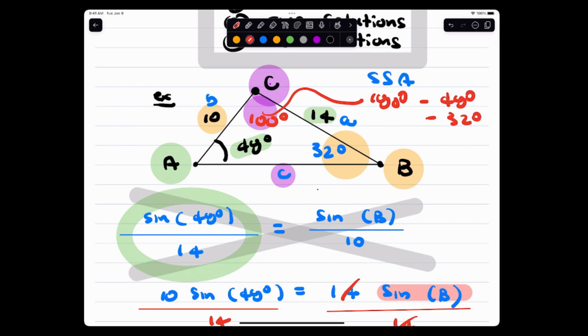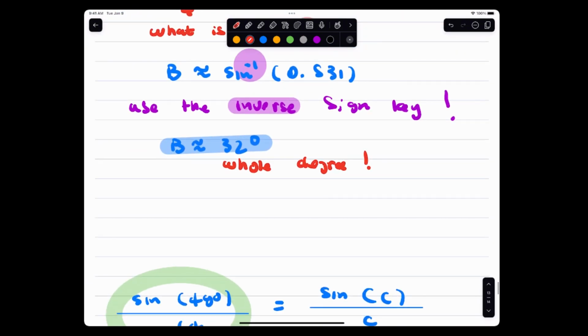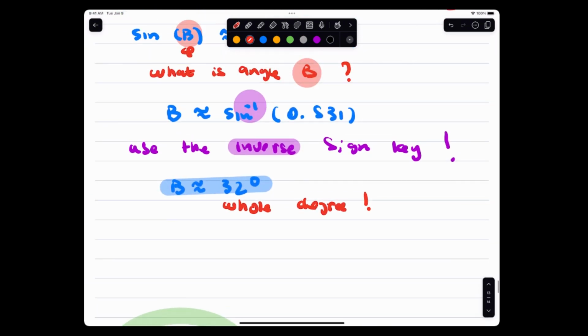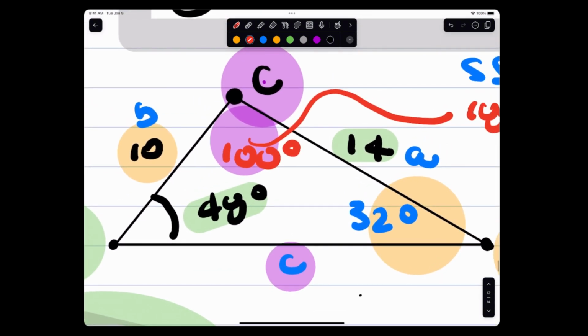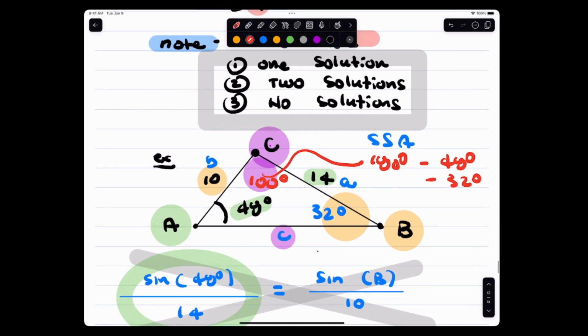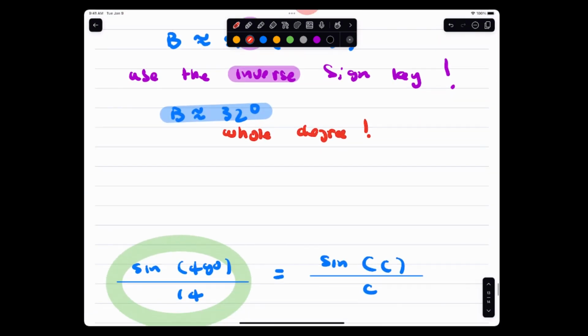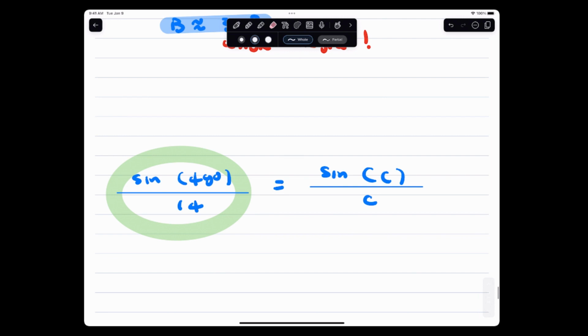You now have three angles. Is that right? So you found angle C, 100 degrees. Could you now, ladies and gentlemen, find little c?